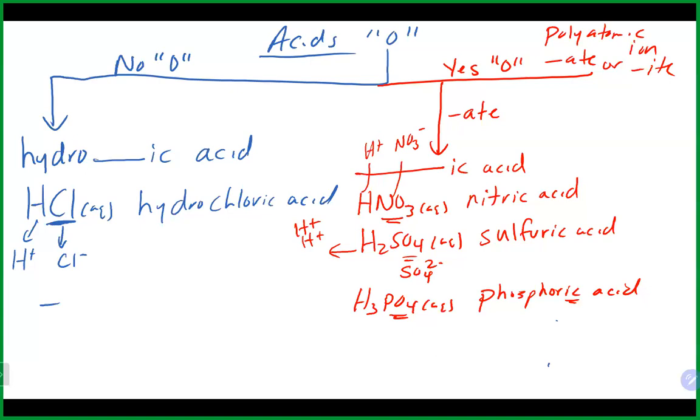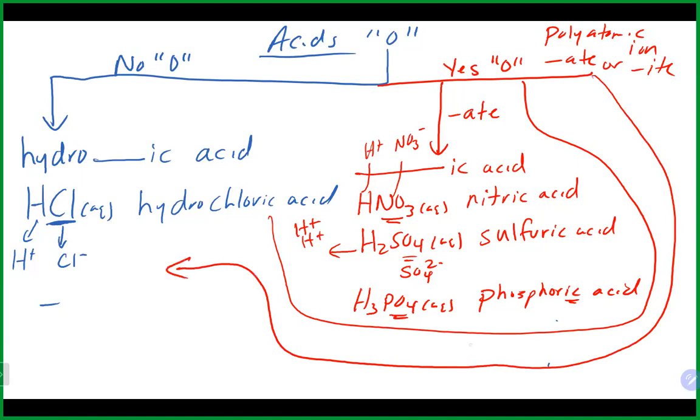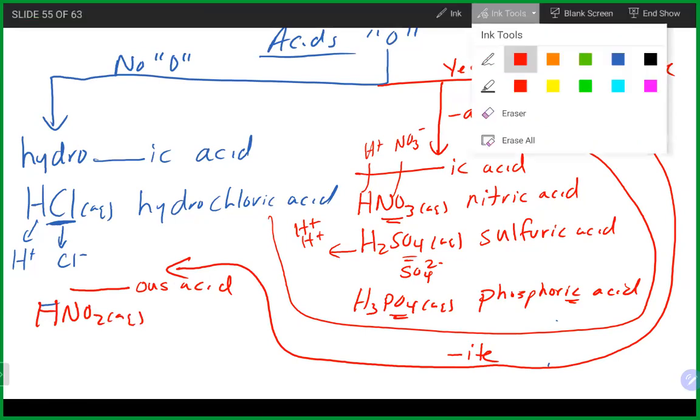Now, if it does contain oxygen, and your polyatomic ion ends in ite, your acid will be something ous acid. So HNO2, for example. NO2 minus is nitrite.